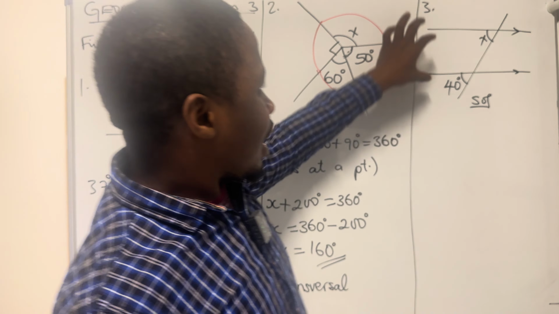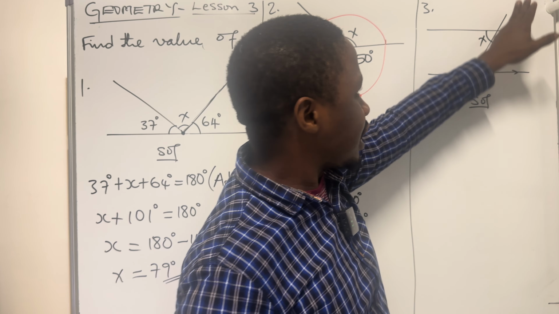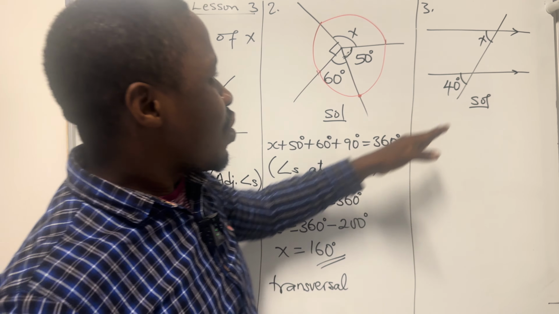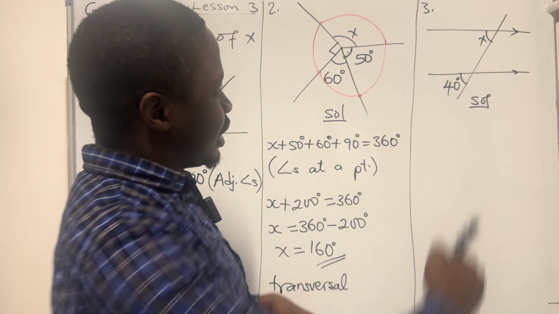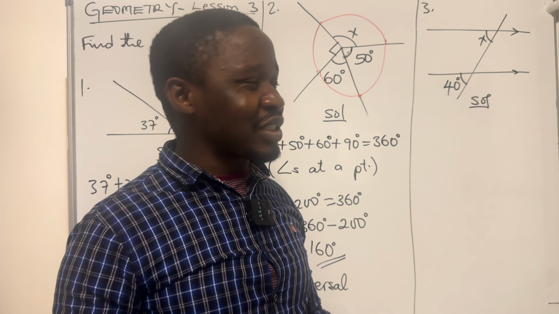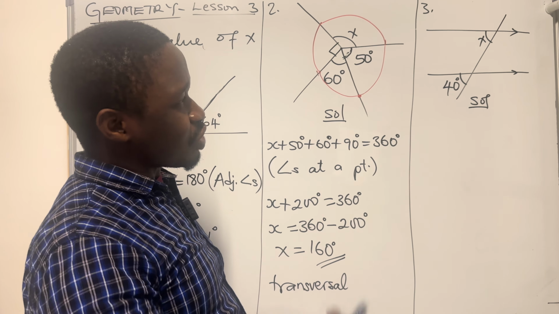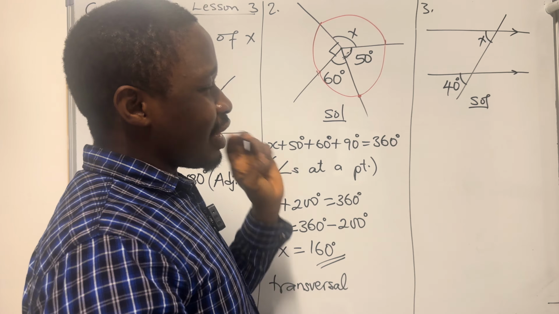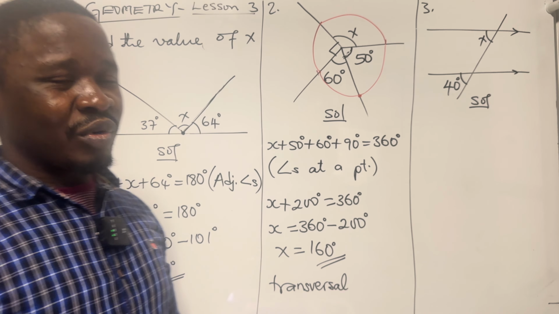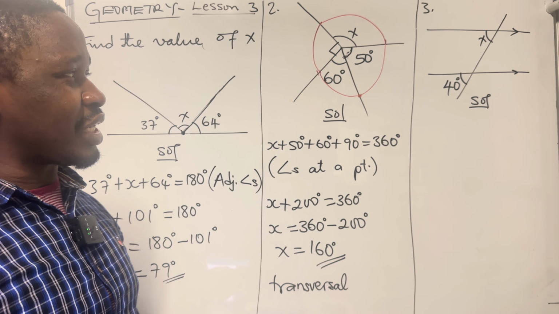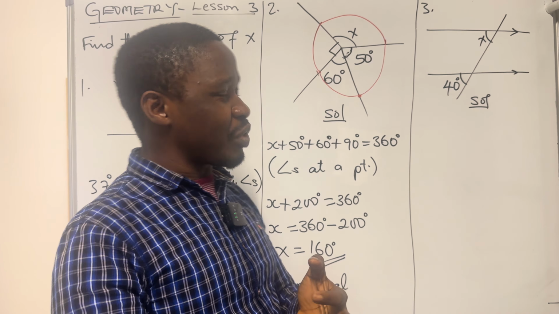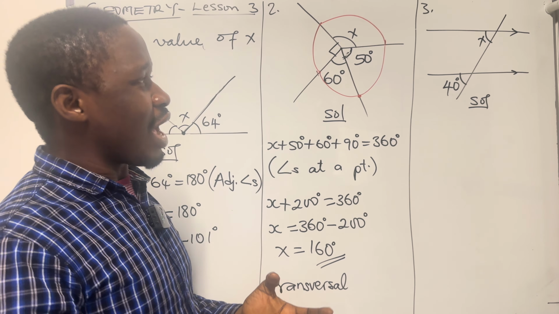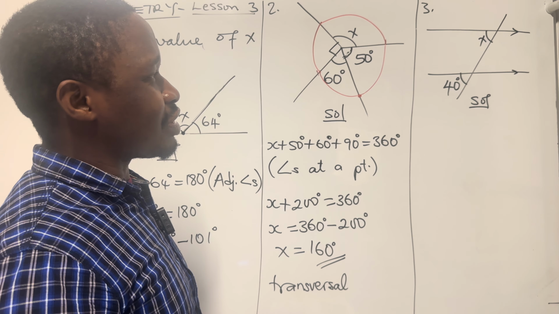Whenever a set of parallel lines is crossed by a transversal, whether it crosses this way, it goes this way, the most important thing is the line crosses a set of parallel lines. So when that happens, we have three unique angles we can generate from them. That is corresponding angles, co-interior angles, and alternate angles.